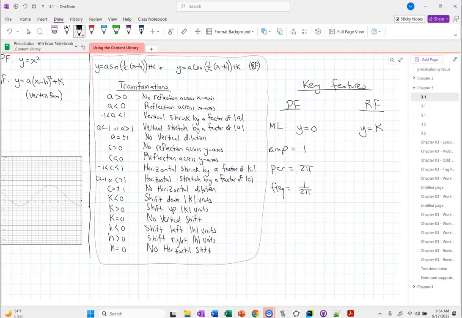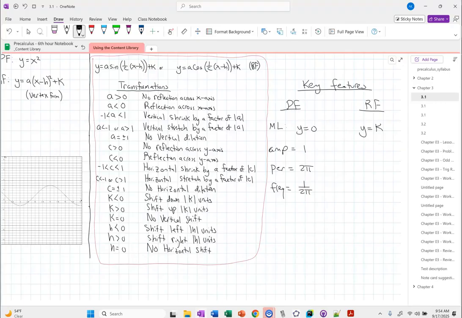Amplitude. So let's think about the same thing. If we reflect across the x-axis, is that going to change the amplitude? No, right? Because the distance doesn't change when it reflects. What was high up here becomes low down here. What was low down there becomes high up there. It's going to be the same thing. What if I vertically stretch the graph? Is that going to change the distance? Yes.